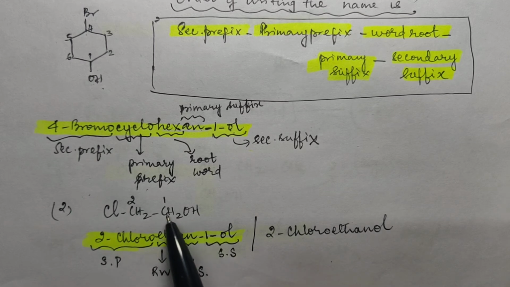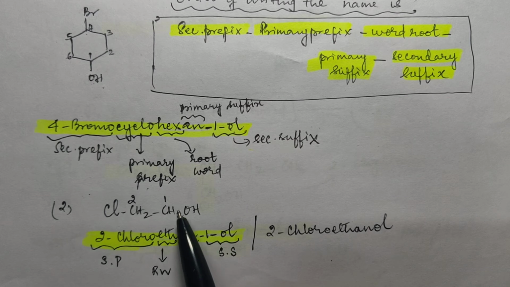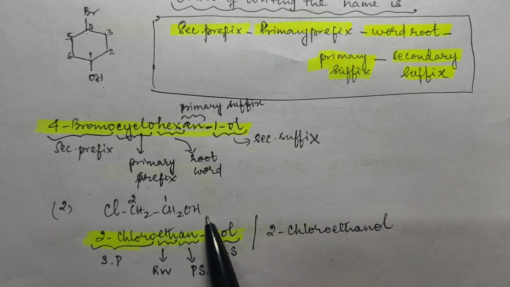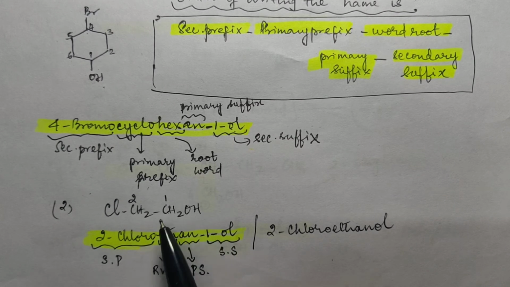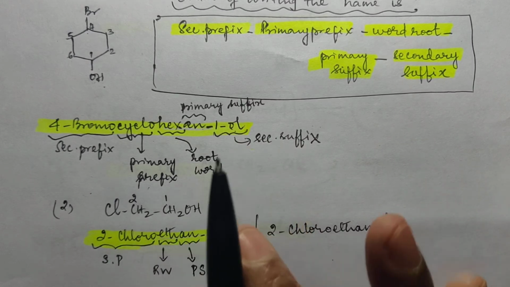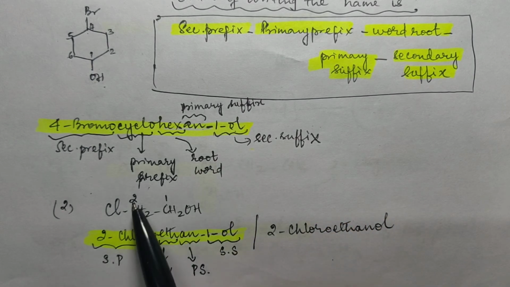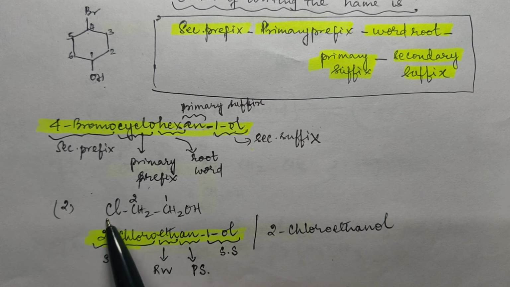So this one will be numbered based on the group that is attached. If the principal functional group is attached to that carbon, then that is numbered 1. That is given most importance, or priority is given to that carbon. And then 2, and to the 2 you are attaching chlorine.